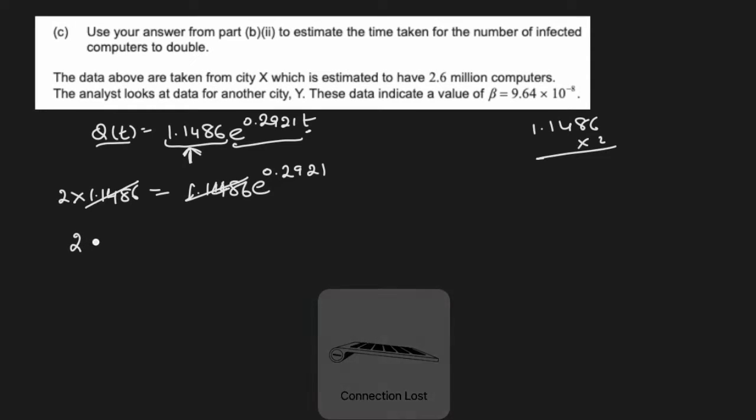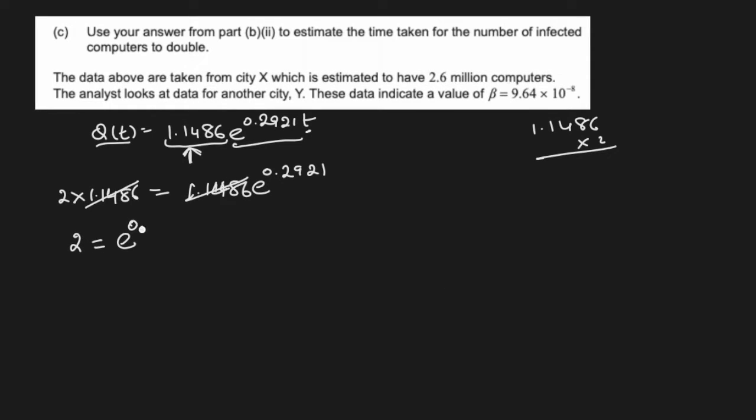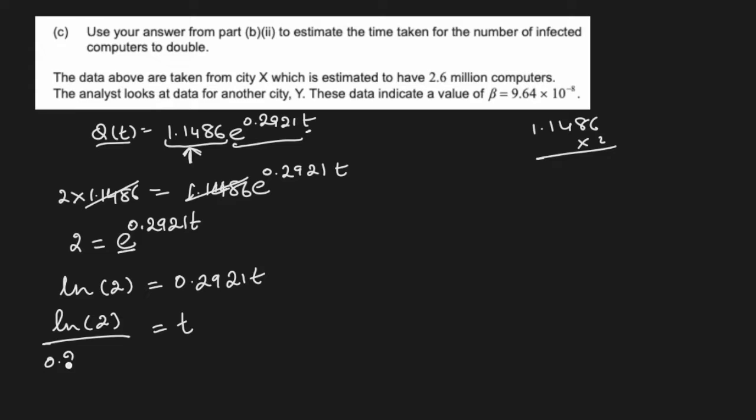So 2 equals e to the power 0.2921 t. To remove this e, the other side will become natural log of 2 equal to 0.2921 t. So t will be ln 2 divided by 0.2921.